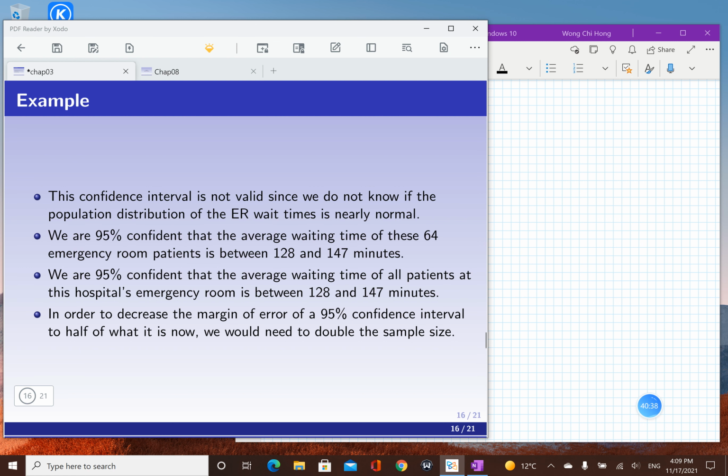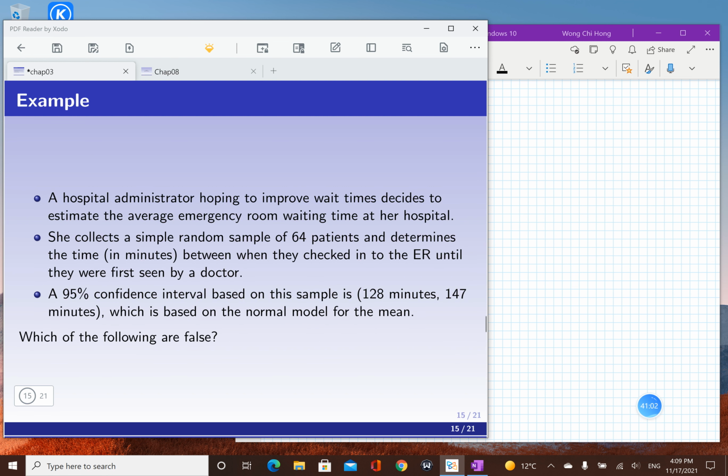The whole point about the central limit theorem and this confidence interval is that we don't know the probability distribution of x, but we do know the probability distribution of x bar, the sample mean. It is going to be normal, based on the normal model of the mean.